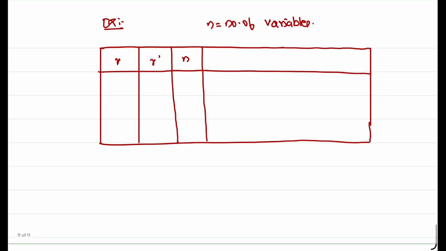R is equal to, let us say, 2. After elementary operations, A dash x is equal to b dash. X denotes the number of variables.